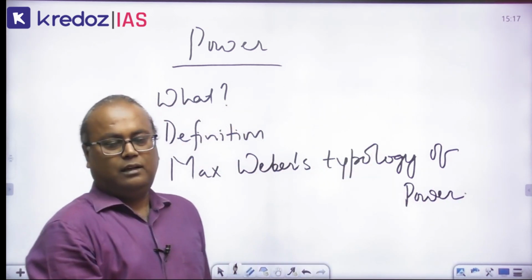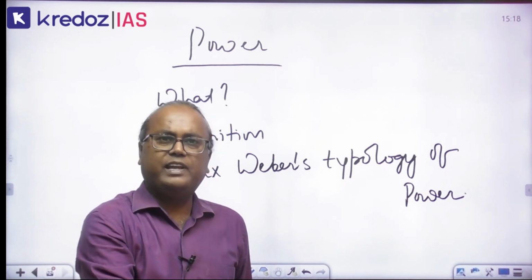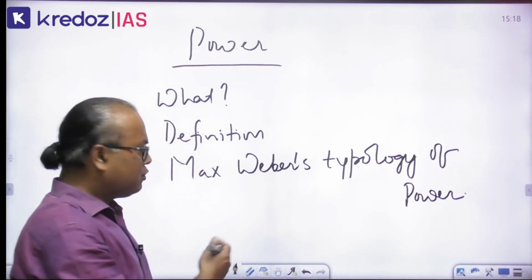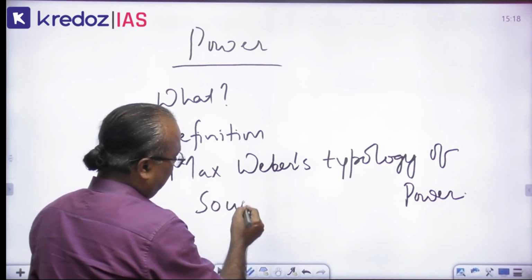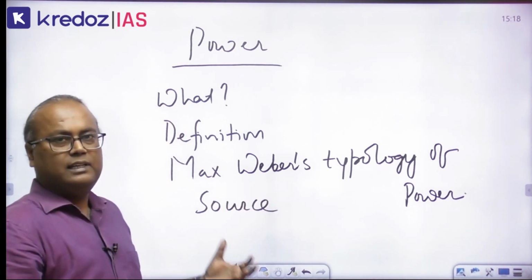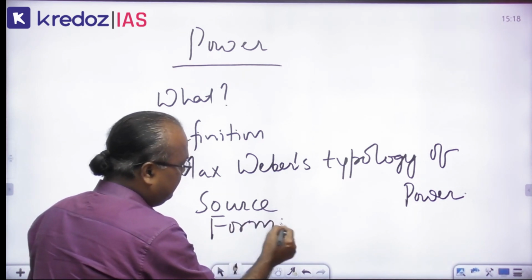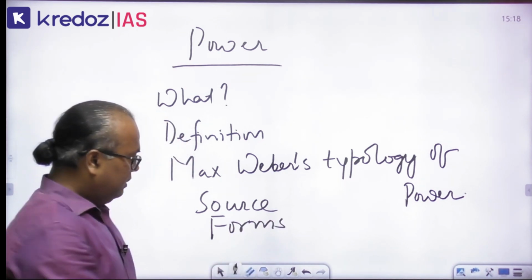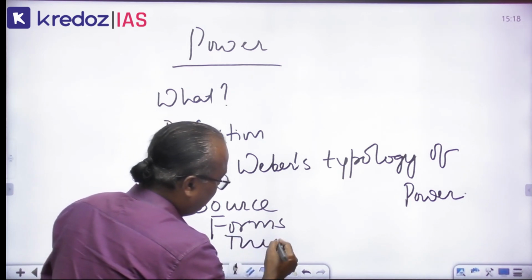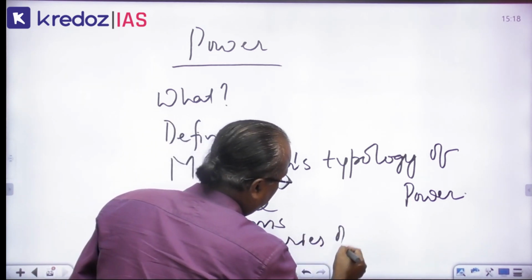Okay, so even we have to understand what are the sources of power, then what are the forms of power, like military power. Okay, next is the theories of power.